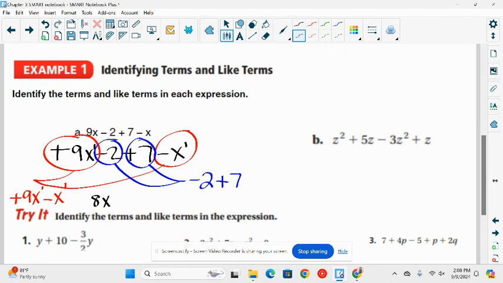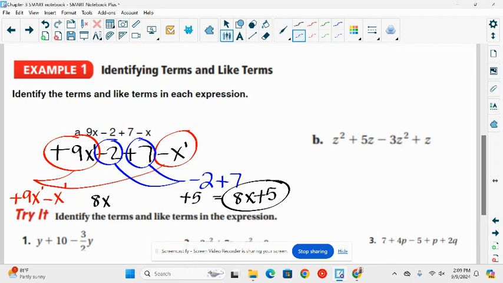Well, I can plug that straight in my calculator. What's negative 2 plus 7? Thank you for saying positive. Positive 5. Whatever my sign ends up being, that's the operation sign between it. Now I can put these two things together, and it's going to give me 8x plus 5.